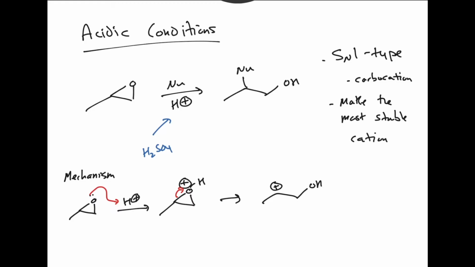Carbocations aren't super stable, but the molecule would rather have a carbocation than this ring. So it pops open immediately, you make the carbocation, then your nucleophile can add to that positively charged carbon and make your product.